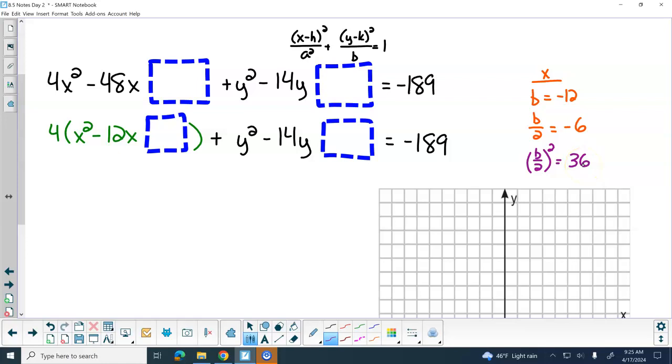Which means plus 36 is going to go there. But really, what am I adding? I'm adding 144 because it's inside the parentheses with the 4.